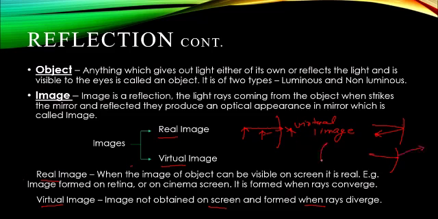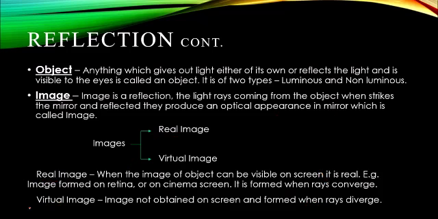It happens in the convex mirror. The rays come and diverge. So to produce the image, we extend them like this, and then the image is formed at the back side of the mirror. Hope students you are clear with what is real image, what is virtual image, and the object and images.